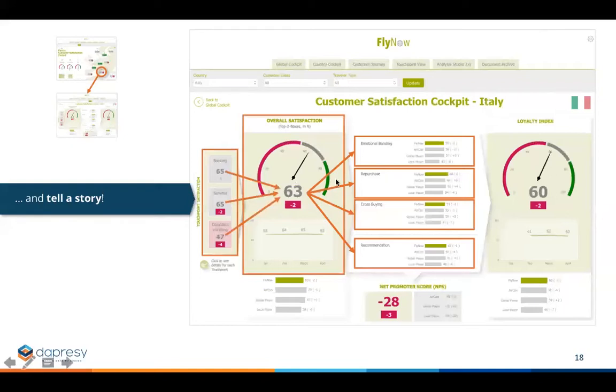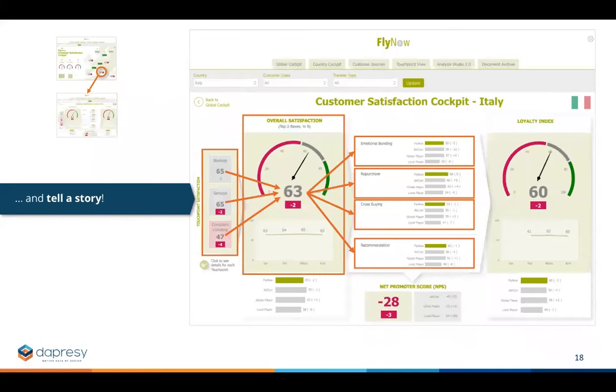The same with repurchase. So the more I'm happy with the latest flights, the more likely I will rebook the next flight. And then, of course, also with cross-buying, like, for instance, being willing to book the catering service or the shuttle service. And last but not least, satisfaction also drives recommendation.